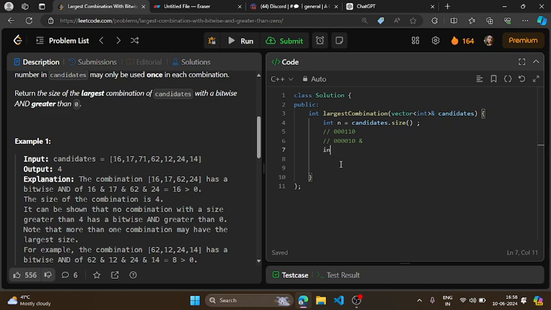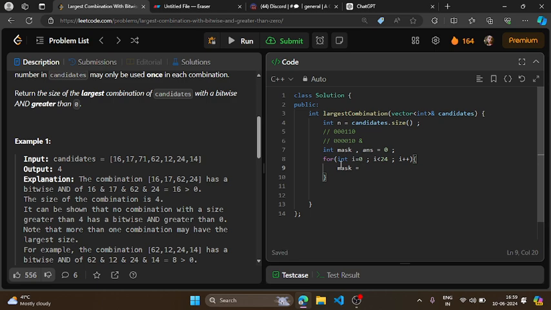So simply I'll make a mask. Let's make an answer variable which is going to store the maximum number of elements possible in a subsequence. Now I will consider every bit. We have 24 bits according to the constraint, so I'm running this loop for 24 bits. Now I have to shift my mask for that particular bit, right?